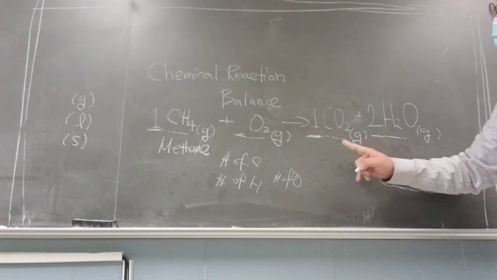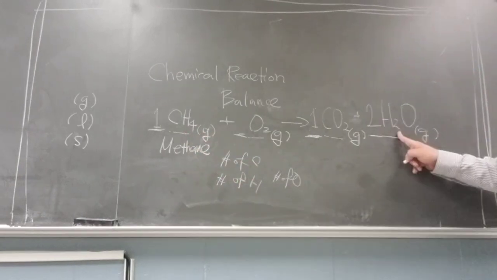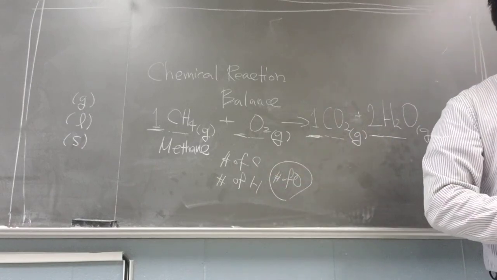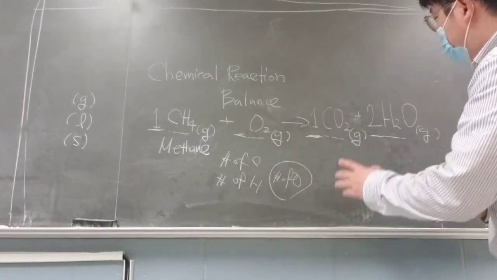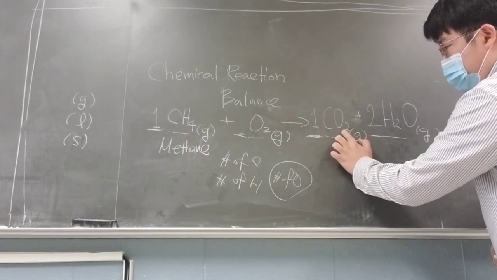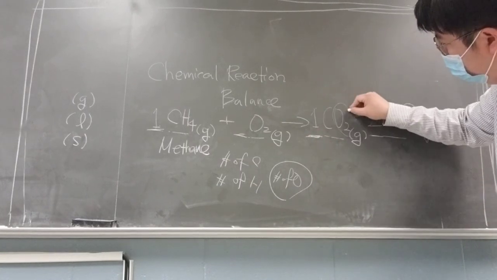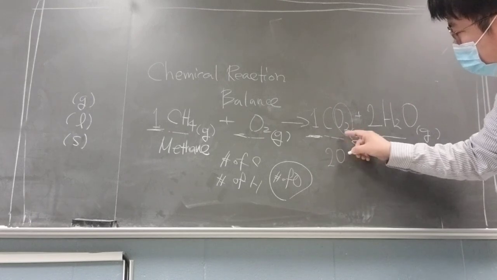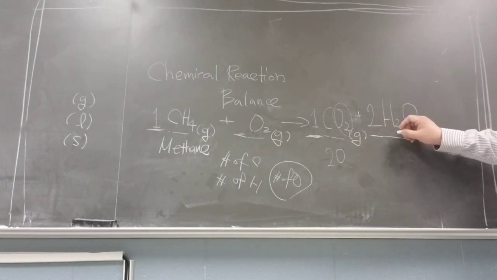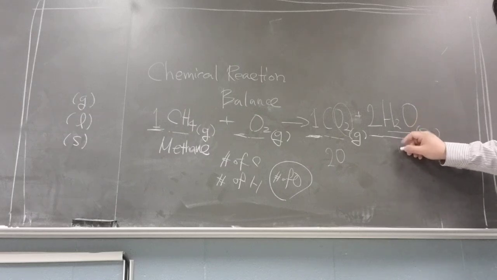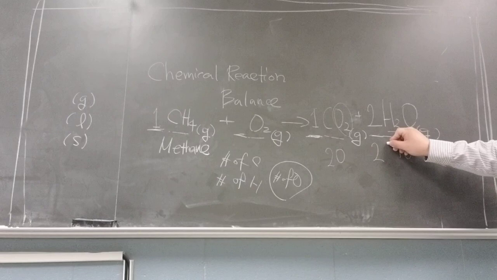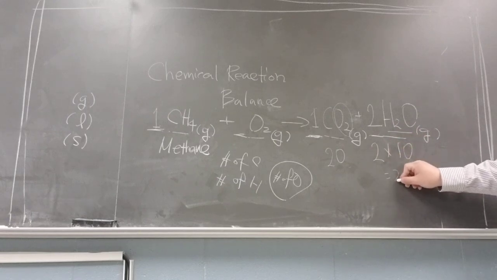So now we're kind of happy because we know there'll be 1 carbon here, 1 carbon here, and 4 hydrogen here, 4 hydrogen here, and now we're getting to oxygen. Okay, let's get this number. 1 carbon dioxide has 2 oxygen here already, and you have 2 water molecules, but each water molecule has 1 oxygen, so 2 times 1 is still 2.